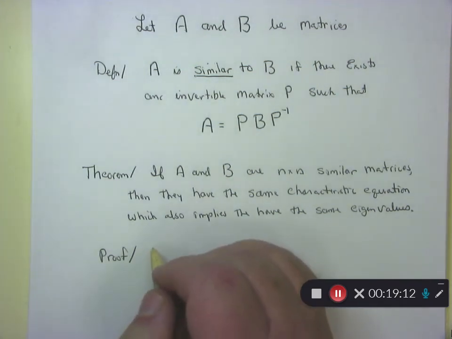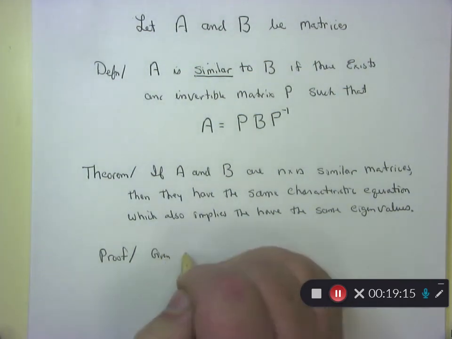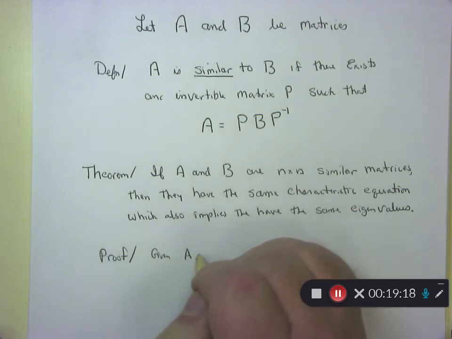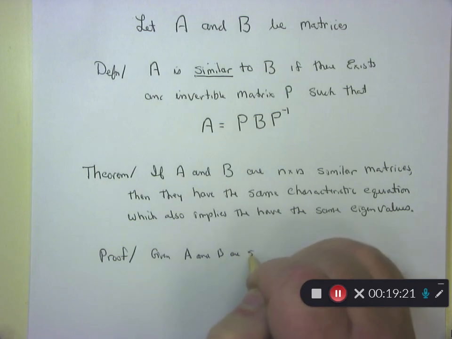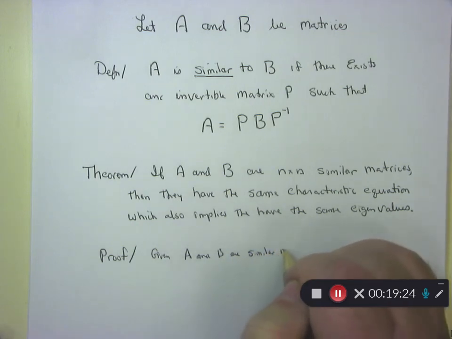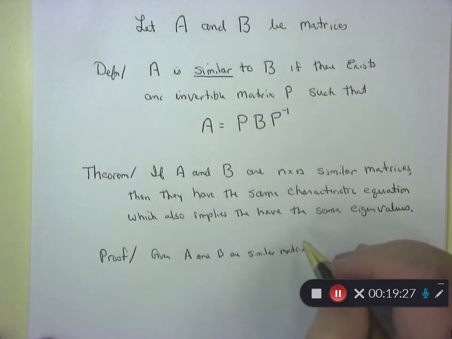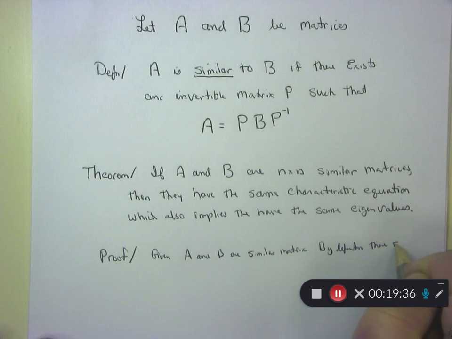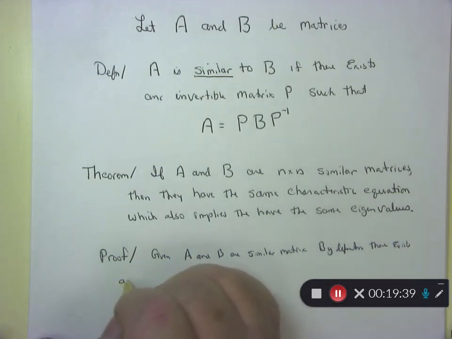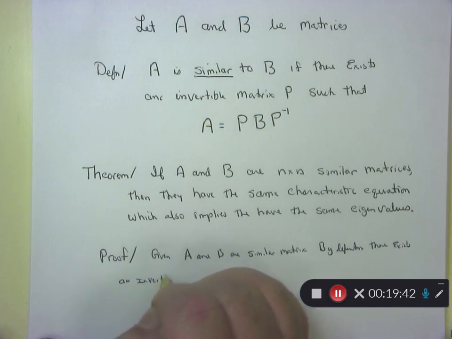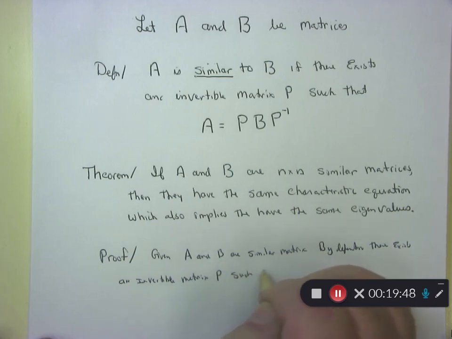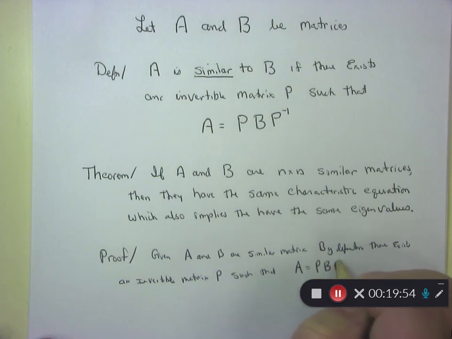All right, so here we go. Given A and B are similar matrices. By definition, there exists an invertible matrix P such that A is equal to P B P inverse.